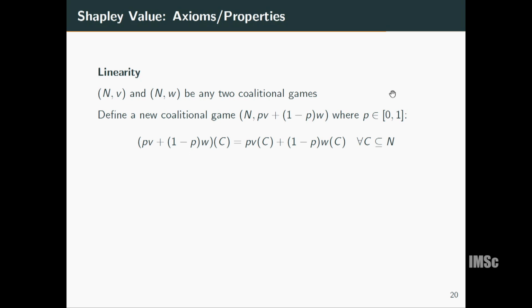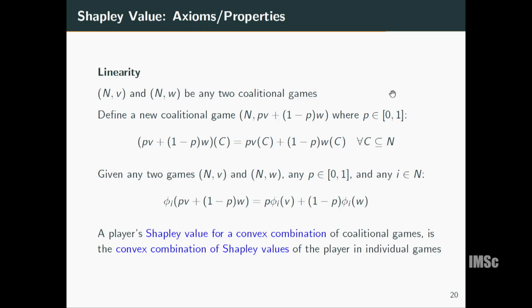Does it make sense? Again easy to see, it's just a linear combination of the marginal contributions, so it will satisfy this linearity property. Not very difficult to see that the Shapley value will satisfy this property.